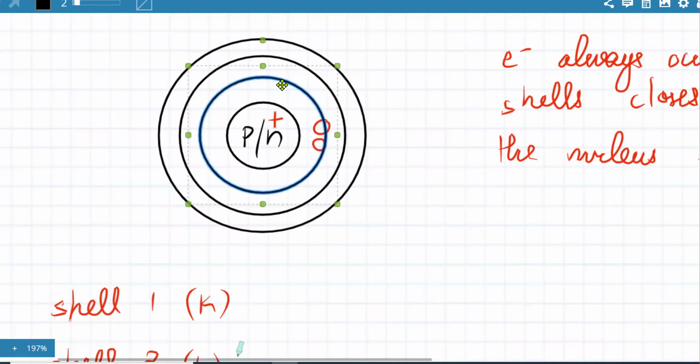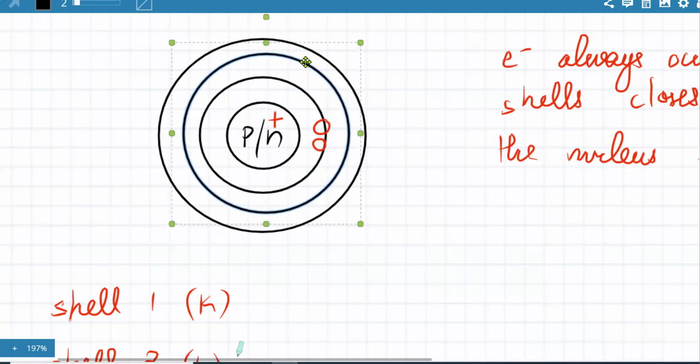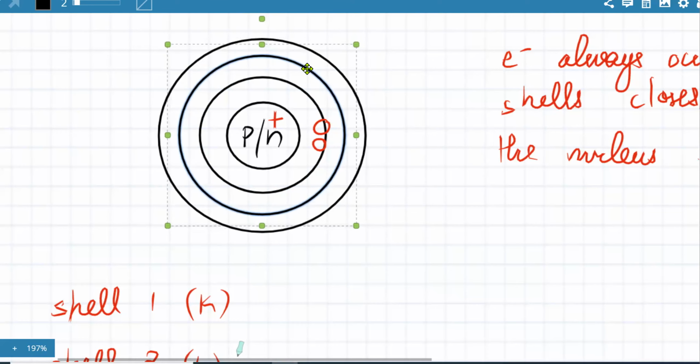The first shell doesn't really have a lot of space around it, so you can have a maximum of 2 electrons. Shell number 2 is slightly bigger and it can accommodate more electrons. And then shell number 3 is even bigger than the previous one, so it would have more room for electrons.